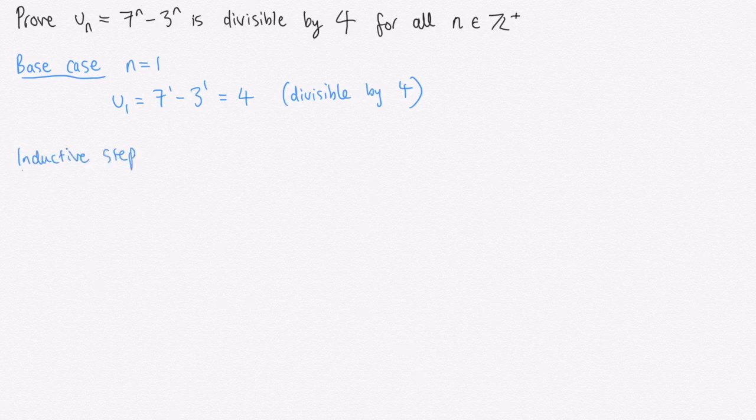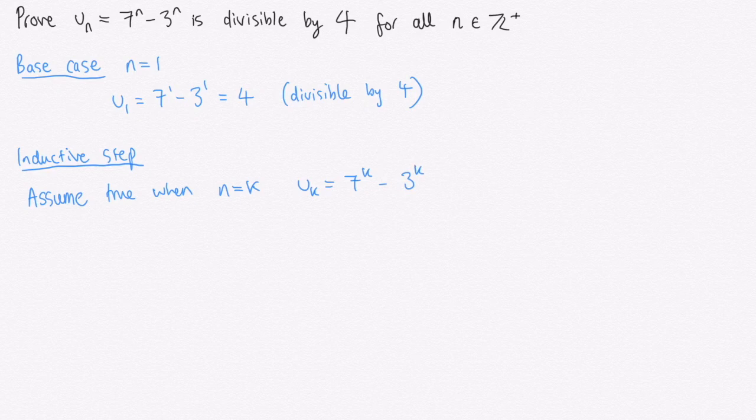So let's write down what we're assuming. We are going to assume that this is true when n equals k. So we are assuming that the expression u_k equal to 7 to the k minus 3 to the k is divisible by 4. And it might help you to say that this is equal to 4m for some integer m.